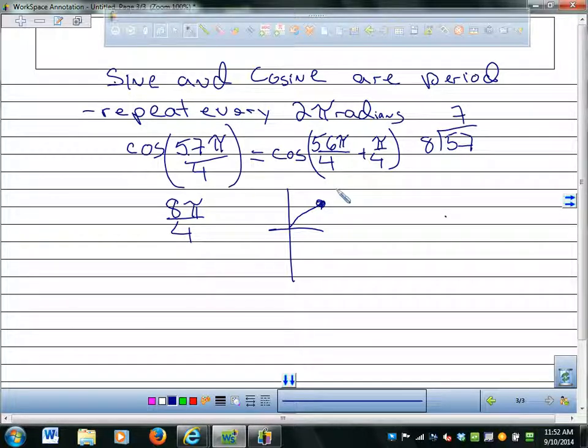Because when this is pi over 4, this coordinate is root 2 over 2, root 2 over 2. And so it's root 2 over 2. So that's equal to the cosine of pi over 4, which is equal to root 2 over 2. Now you're ready to learn the math here.